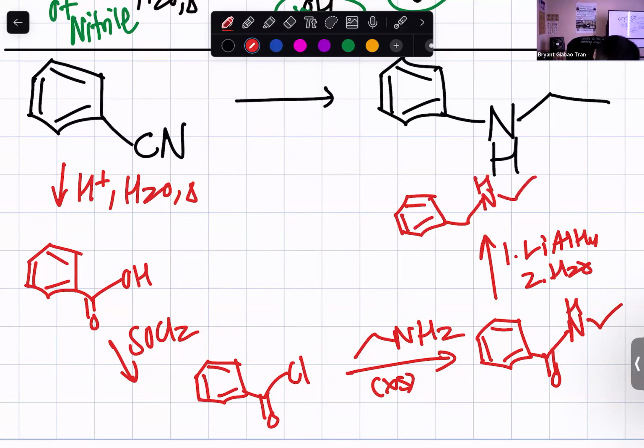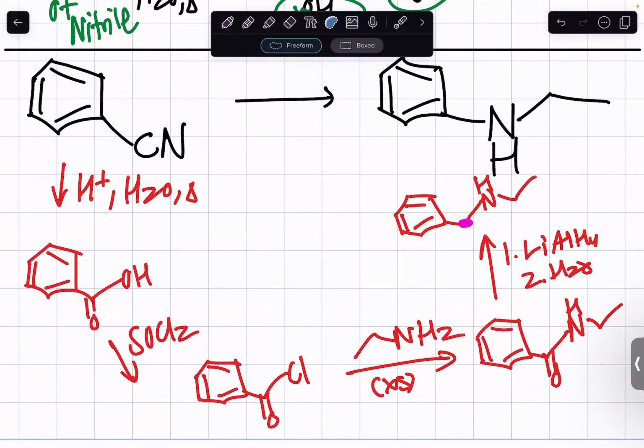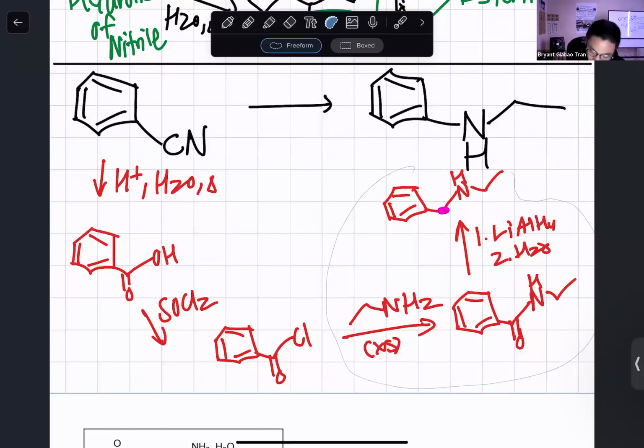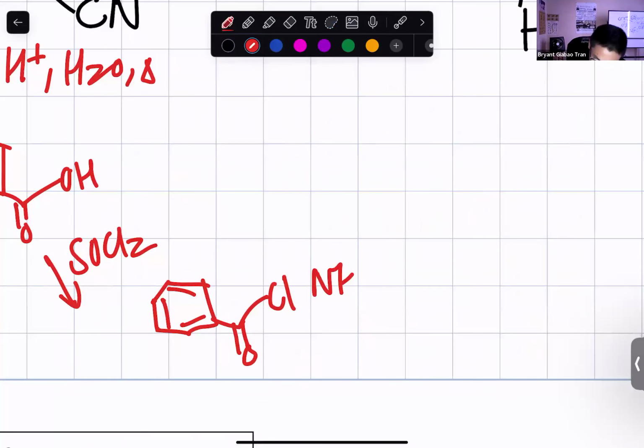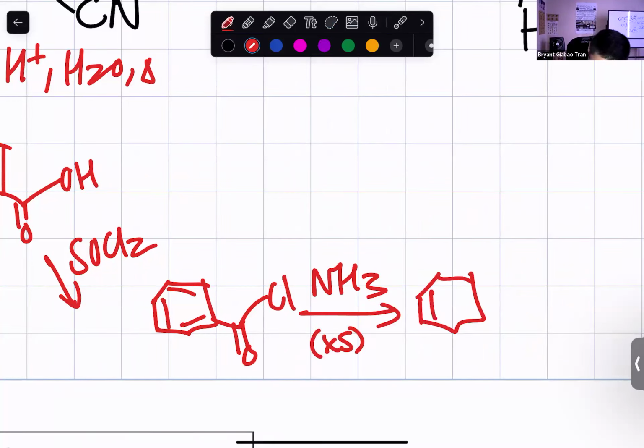But there's a problem because there's this carbon that we don't want right there. What reaction can we do to get rid of one carbon? Hofmann rearrangement. Yep. But there's a very specific amide that Hofmann rearrangement can only react with, which is the primary amide. So we have to use excess ammonia to get that specific amide, the primary amide.